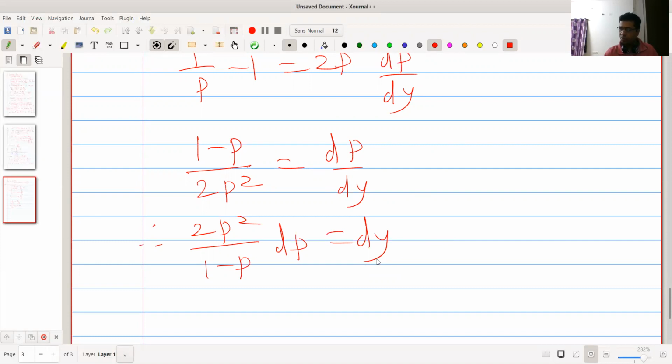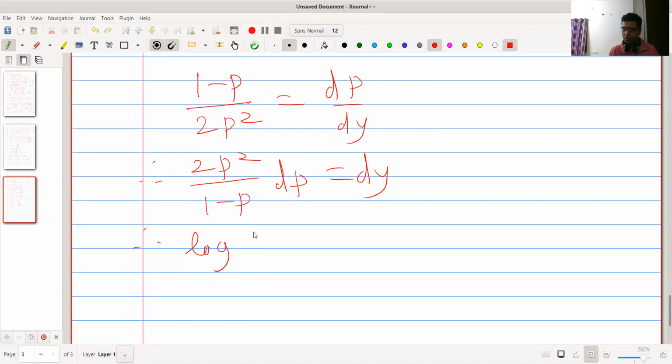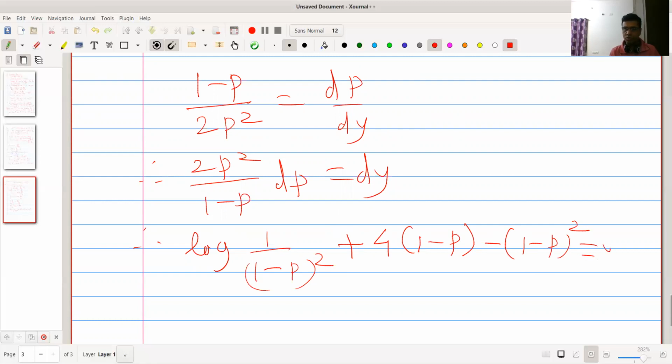We need to substitute 1 minus p as u, and the solution is therefore, on integration, log of 1 upon (1 minus p) bracket square plus 4 times (1 minus p) minus (1 minus p) square. This is the integration, and the right hand side is dy, so the integration is y plus c.